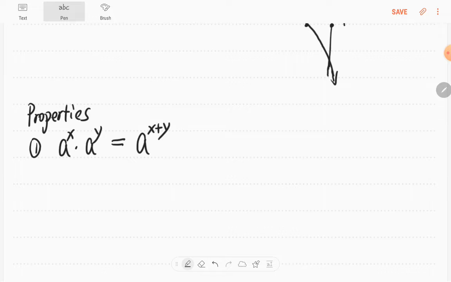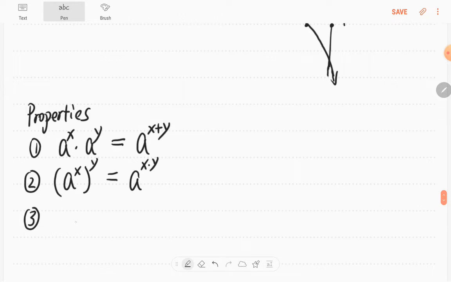All these properties you should memorize, because many students make mistakes. Second, a to the x, then the whole thing raised to the power y, is equal to a to the x times y. Third, a to the x divided by a to the y is equal to a to the x minus y.